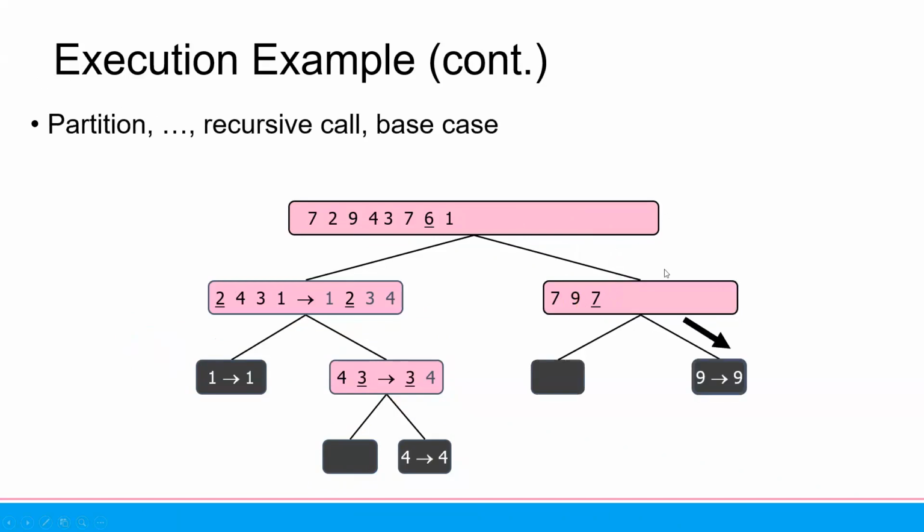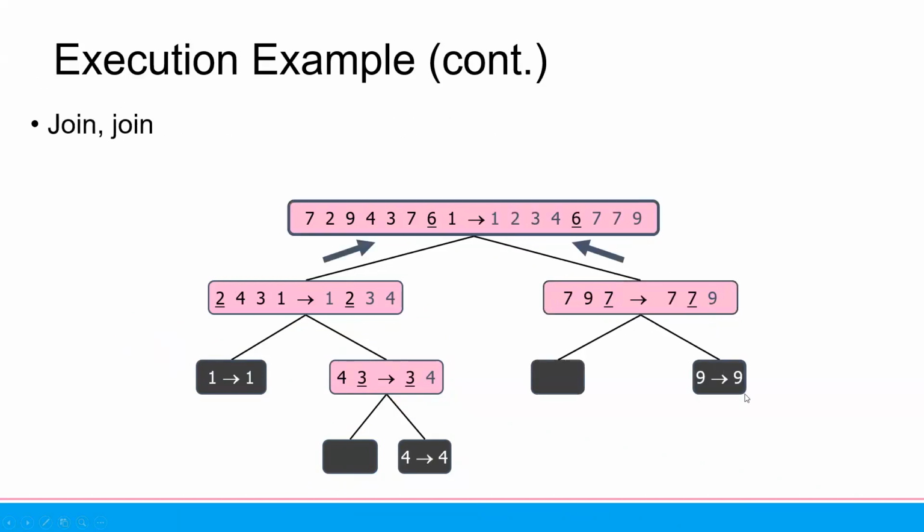So 9 will be on the right, and we will do this with the 7, 7, and 9. And at the end, we will join into a root. So we will use the L, which is 1, 2, 3, 4, and then we will use E, and then we will use G. Okay.